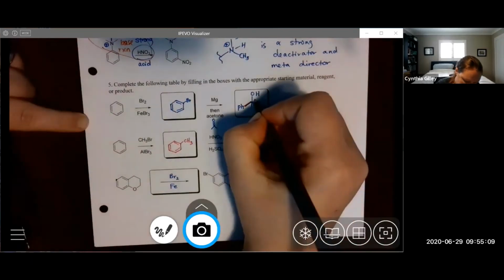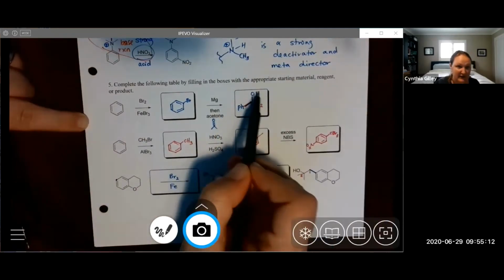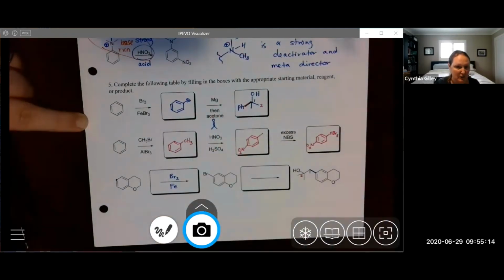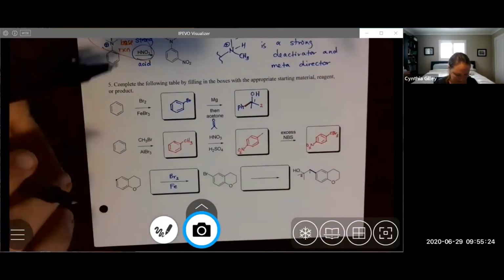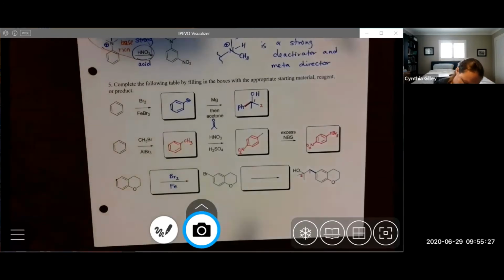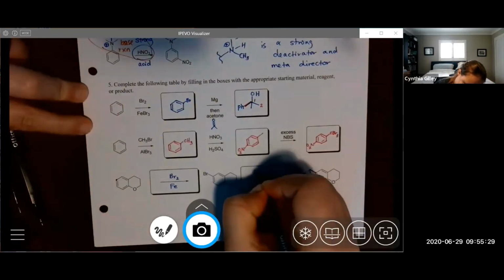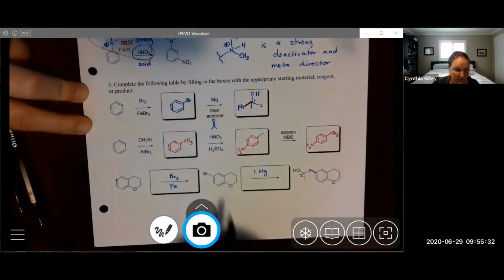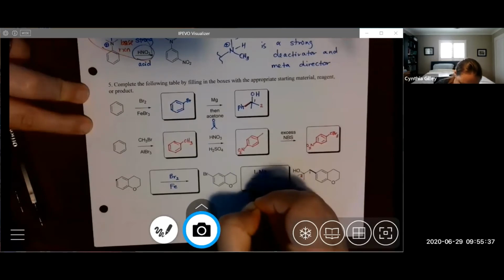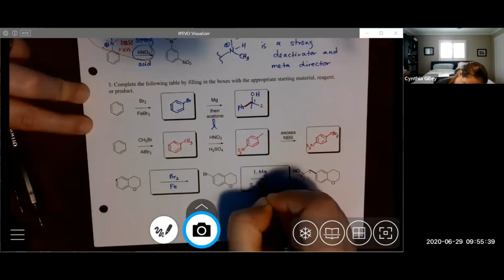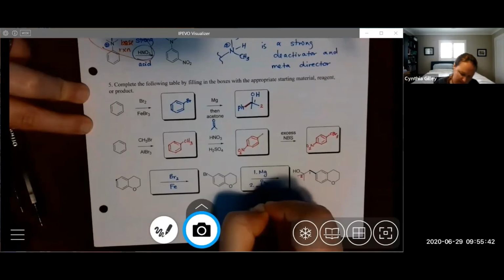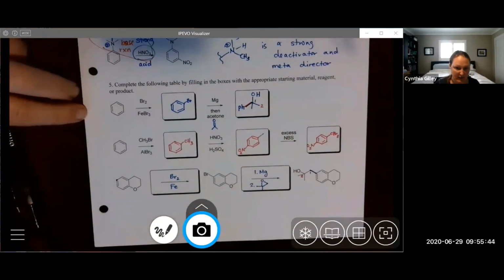So this means that the OH group is at carbon number 1 with respect to the new carbon-carbon bond, whereas over here, it's at carbon 2. So this tells me that I need to use an epoxide and not an aldehyde or ketone. So for that, I'm going to use magnesium to generate the Grignard reagent from the alkyl bromide. And then I'm going to introduce the epoxide. Just have 4 carbons. And we assume an acidic workup.